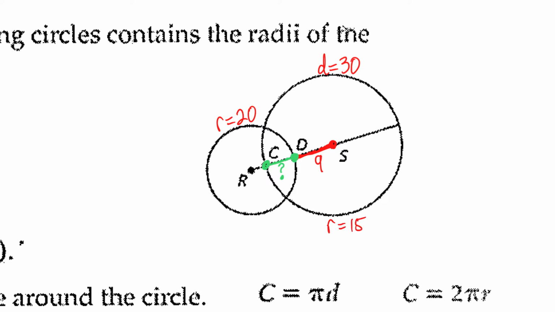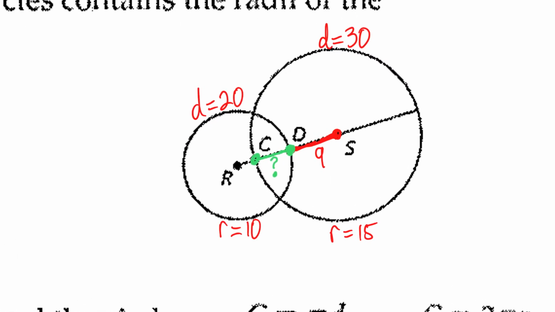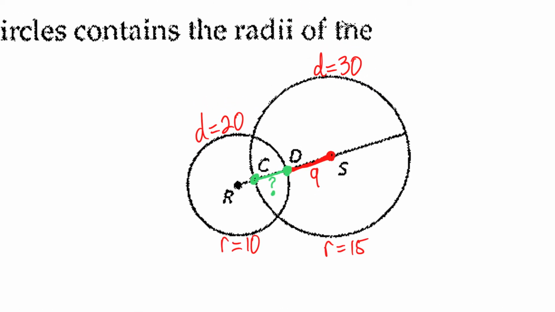And on circle R, the diameter is 20, my bad, so what's the radius? 10.